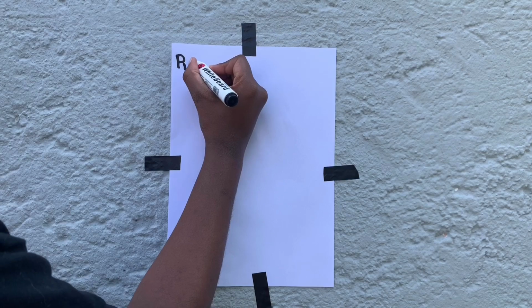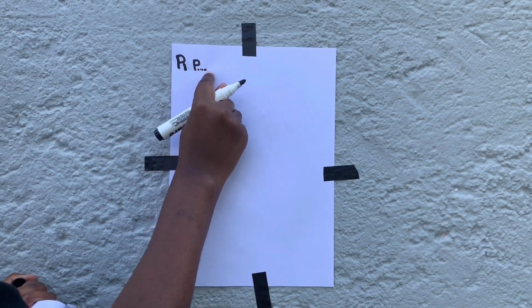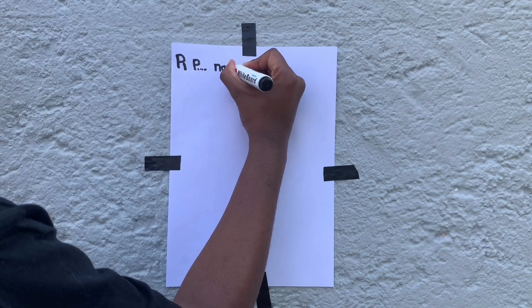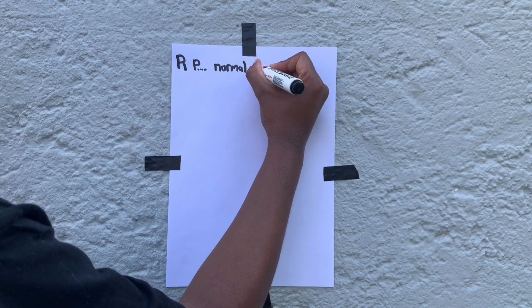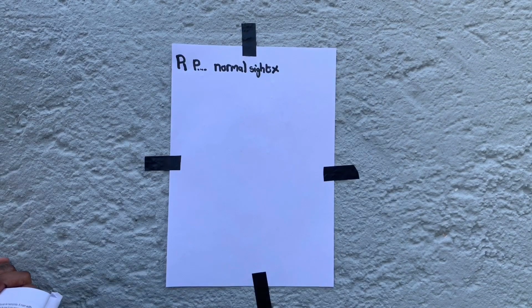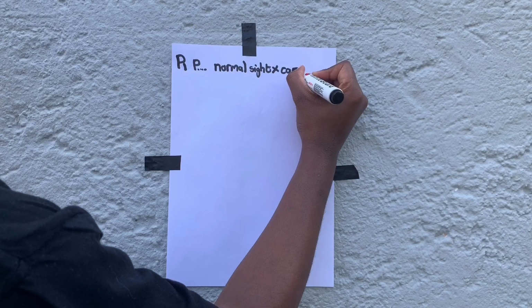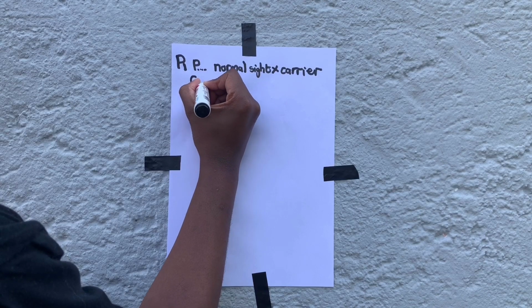P1. You write phenotype. I do not have the space to write phenotype, so just know that that stands for phenotype. Normal color sight. Normal, I'll just say normal sight because of space. Writing with the permanent marker sucks. Crossed with a carrier. And then the genotype.